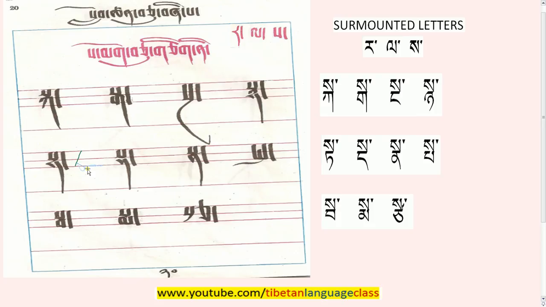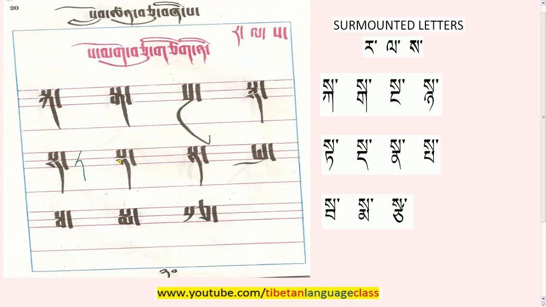Something like that. But as you can see, there's a little extra stroke right there in the middle. So when you have any of these surmounted letters, then the letter ta becomes like this. Generally it looks like this.